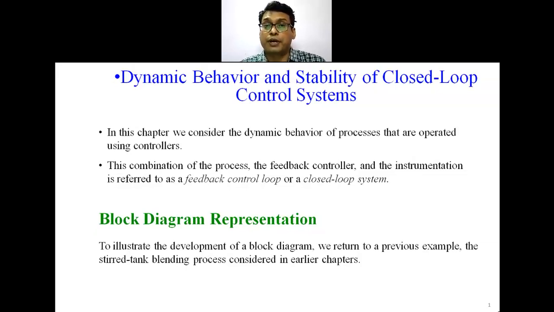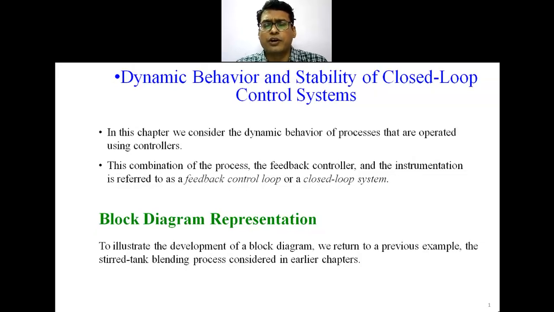For that, the controller gain, the proportional controller, proportional integral controller, proportional derivative controller, and proportional derivative and integral controller, and what constant values should be provided. That is the basic overall requirement of a process engineer.